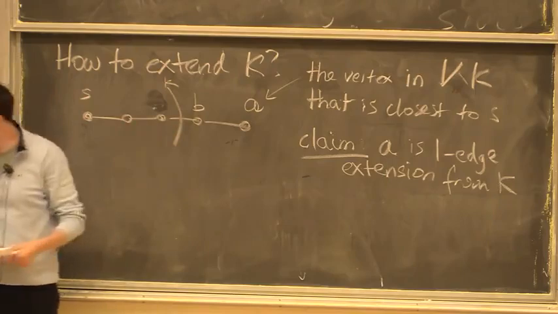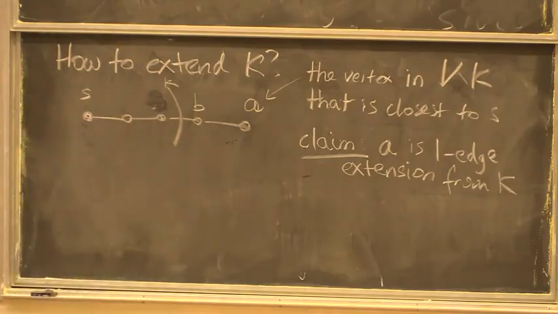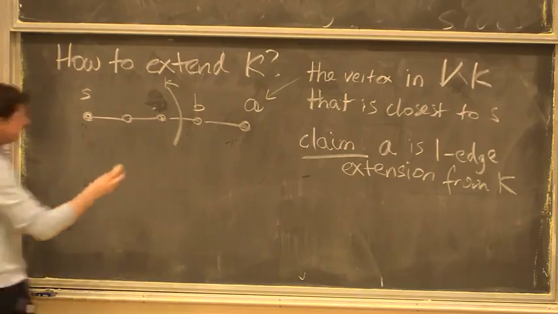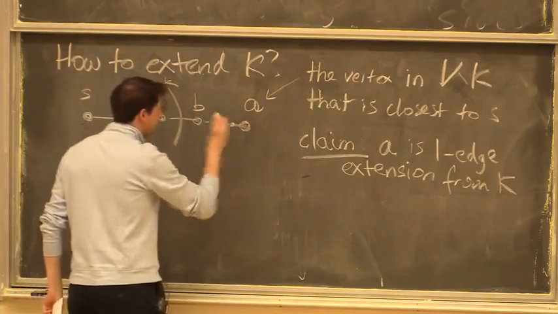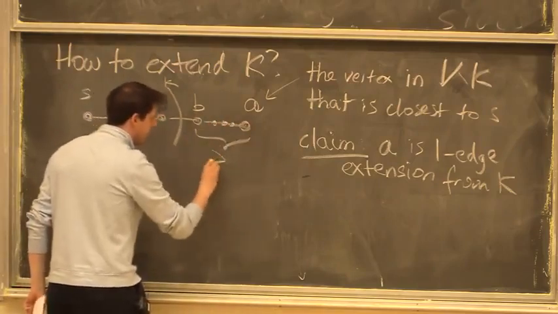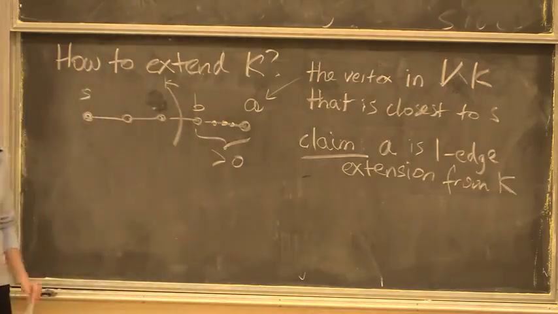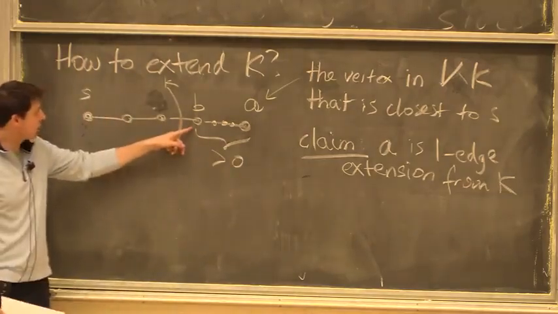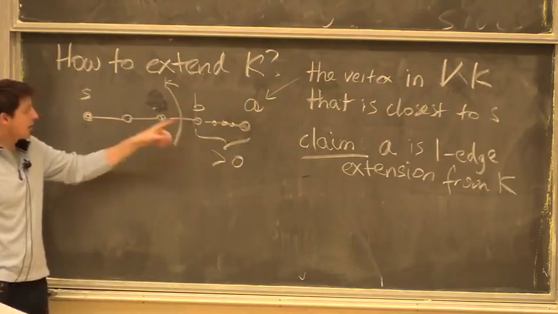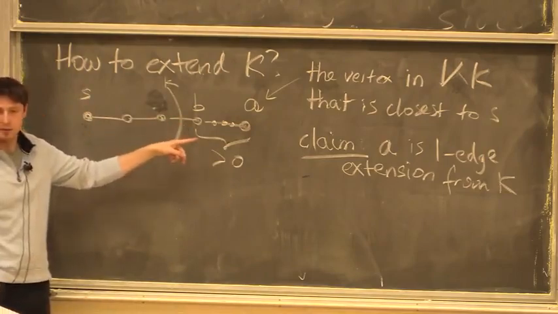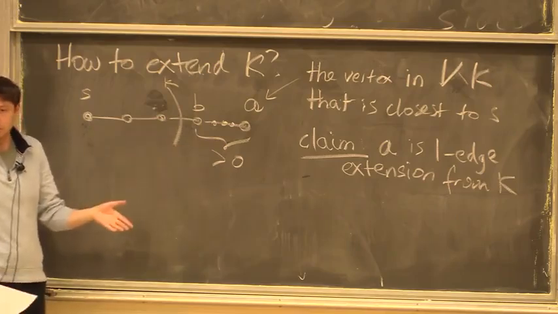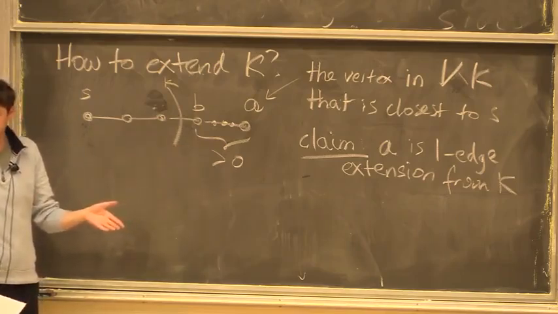But look, we have assumed that all lengths are positive. So here there might be other vertices, but this path will be positive, right? So it means that B actually is the closest one to S, not A. That contradicts our choice of A, right?